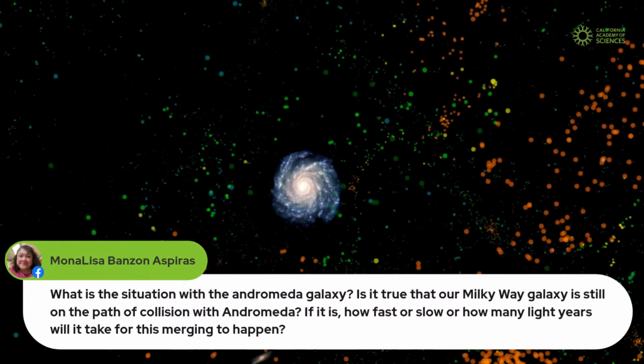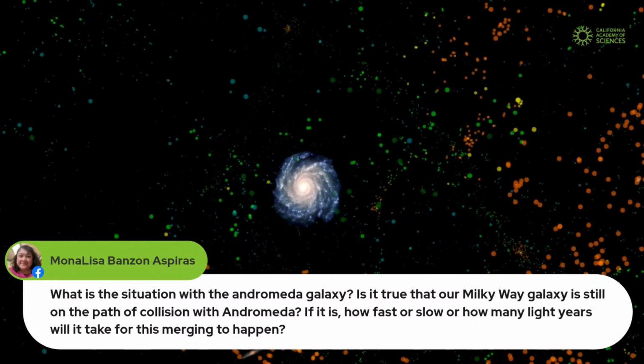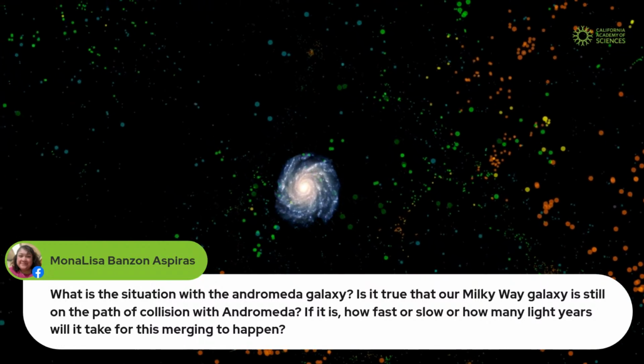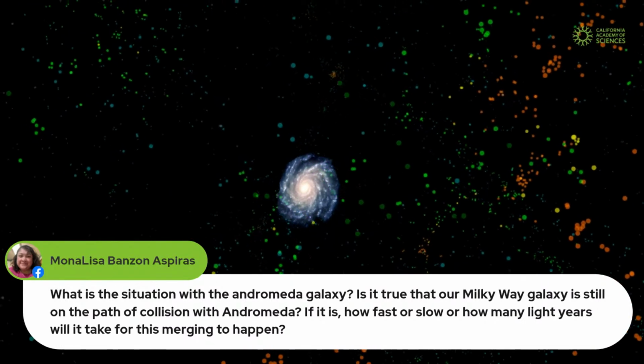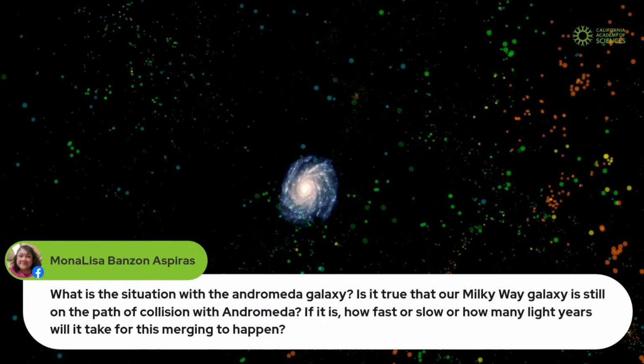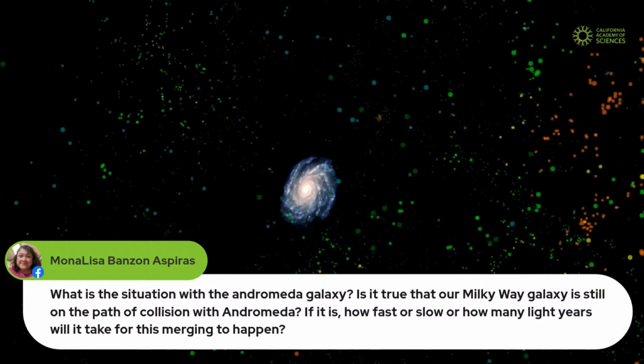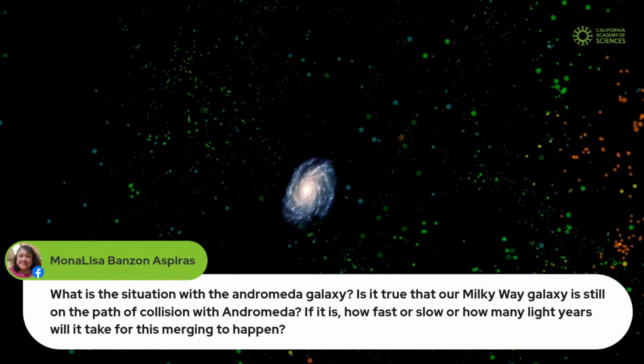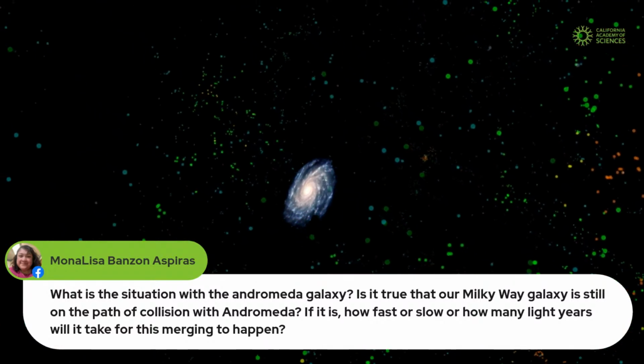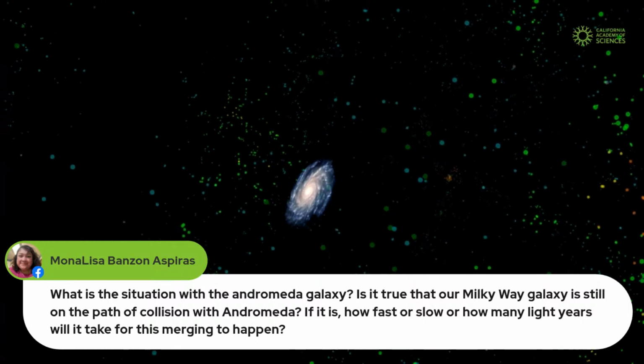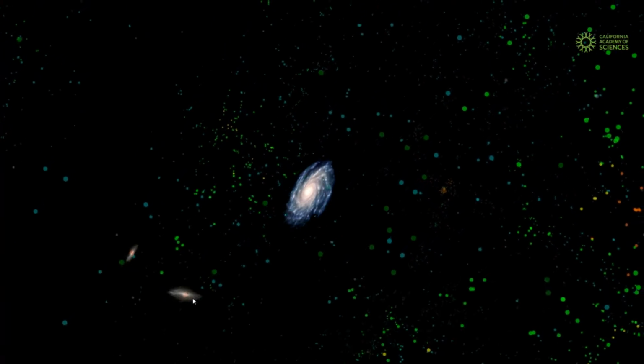So depending on which calculations you believe, Milky Way and Andromeda will collide in something like 3 billion years, or it might be 5 billion, but in several billion years, the Andromeda galaxy, which of course now I've found is this galaxy over here on the lower left.